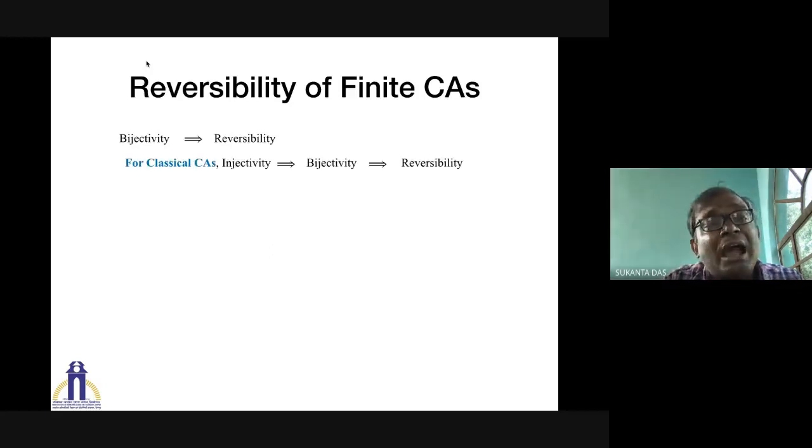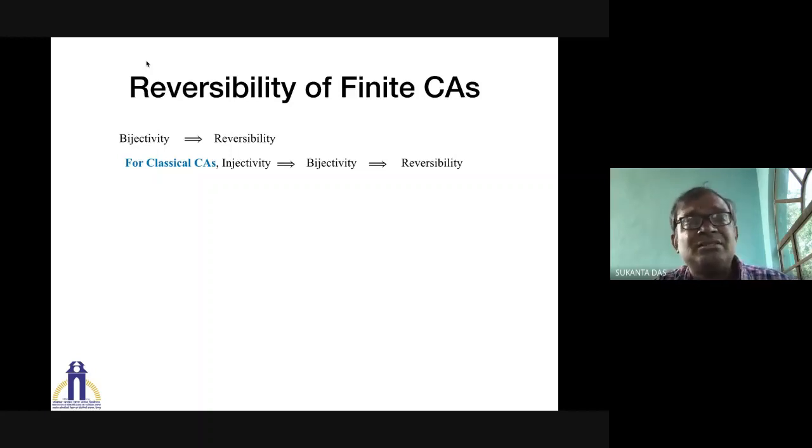For classical CAs, where you have a single rule and the lattice size is finite, injectivity implies bijectivity. That is, if a CA is injective, it is always surjective. However, in classical CA, if a CA is surjective, it does not always mean that it is injective.